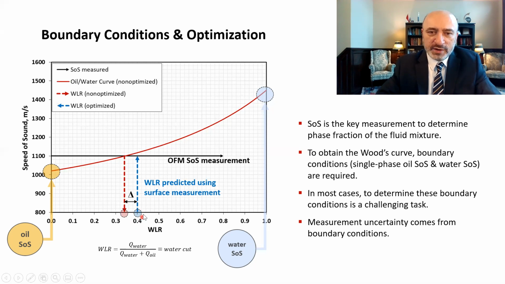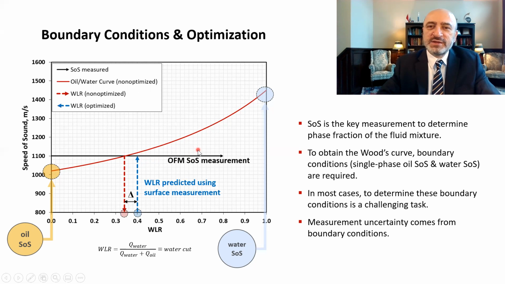We have this blue marker, the inline water cut, based on the surface measurement. And notice that this water cut also intersects the horizontal speed of sound line. But the main problem here is that our Woods curve does not pass through this new intersection point.